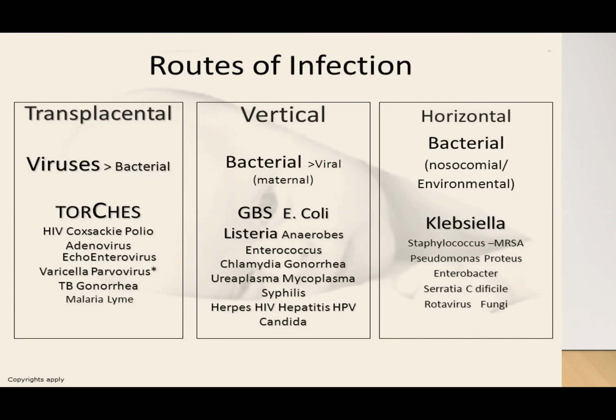It may be horizontal bacteria, which I mean is now coming from the health worker, which is known as nosocomial infection. Mostly it is gram-negative, like Klebsiella or Staph, Pseudomonas, Proteus, Serratia, rotavirus, like that.